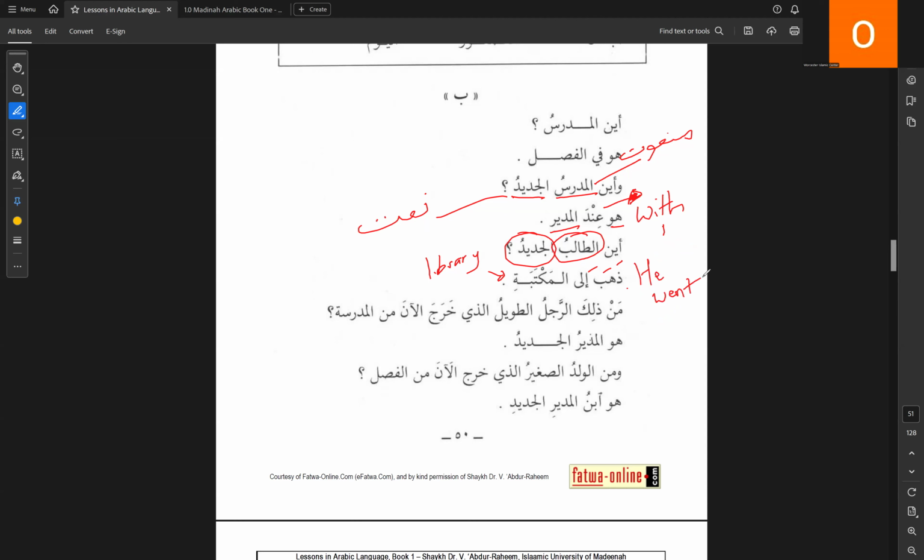Okay. من ذلك الرجل الطويل الذي خرج الآن من المدرسة. Now, there's a lot going on in the sentence. Okay? So we're going to take this one step by step. We know what man is. What is man? No, no. Man means what?